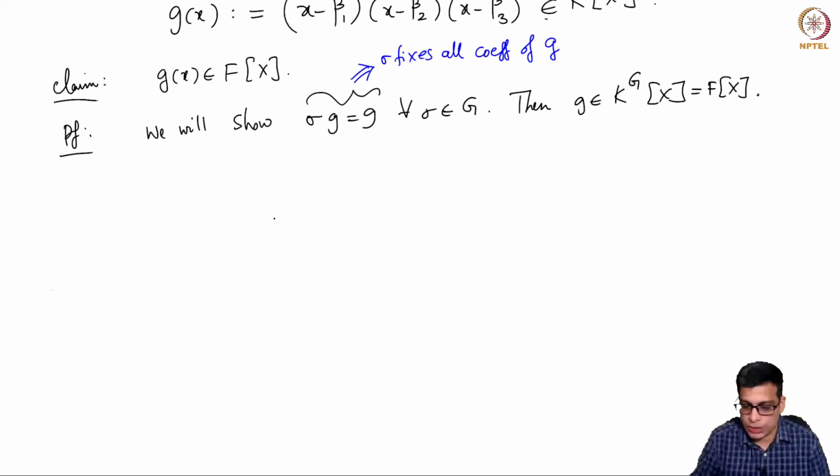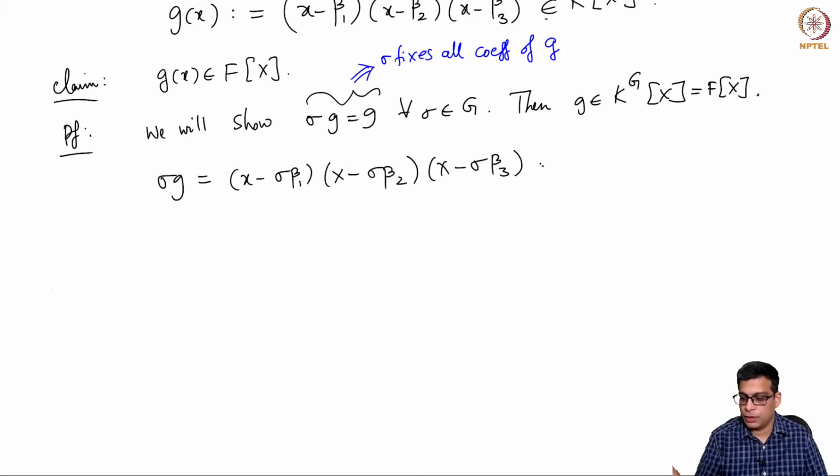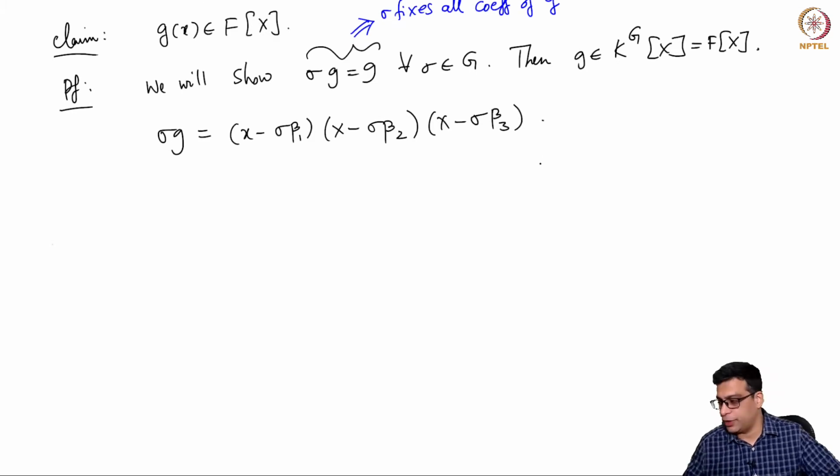So all we need to do is this. But what is sigma G? Sigma G is (x minus sigma beta 1)(x minus sigma beta 2)(x minus sigma beta 3). Now we are done if we show that sigma permutes.